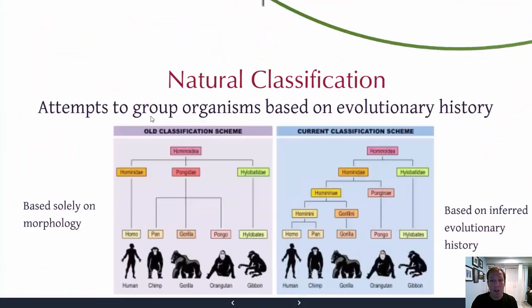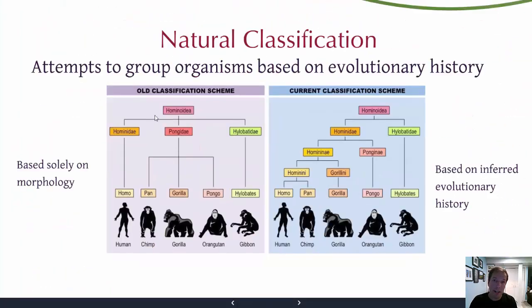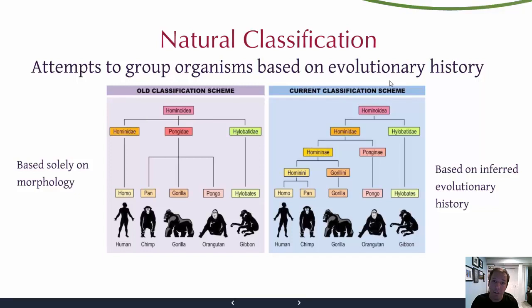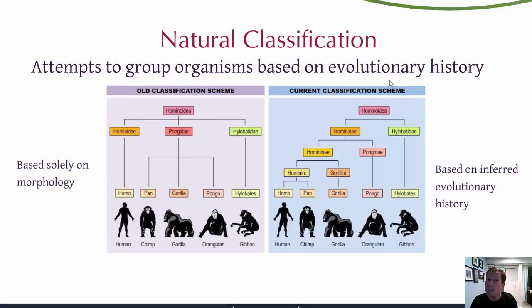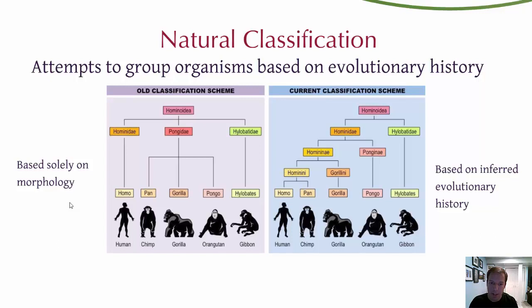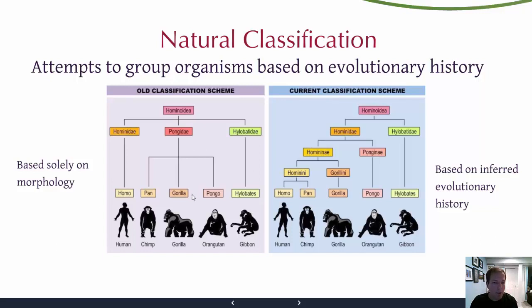And that gets us to a fundamental difference in how we classify. It's not just about choosing characteristics and then being able to sort species, but rather it's about looking back to evolution, to see where these species came from in the first place. If we looked at how the hominid species are grouped based solely on morphology, when the characteristics are the things that lead us to make groups, you can see how the tree sorts out humans, chimps, gorillas, orangutans, and gibbons.